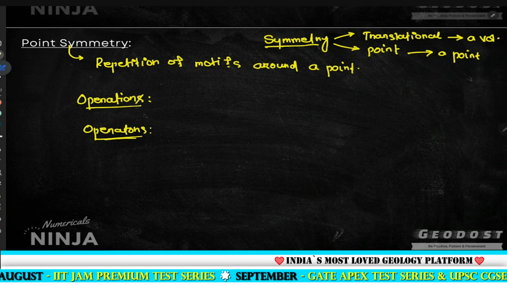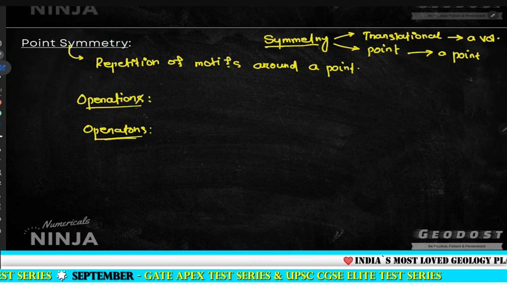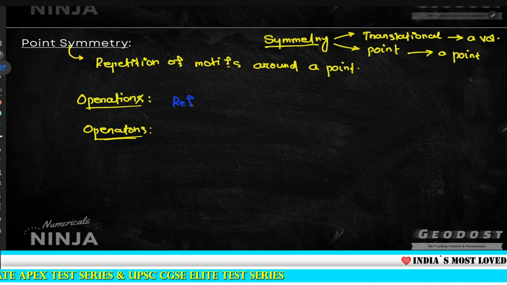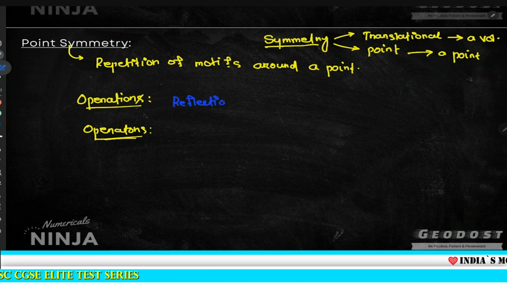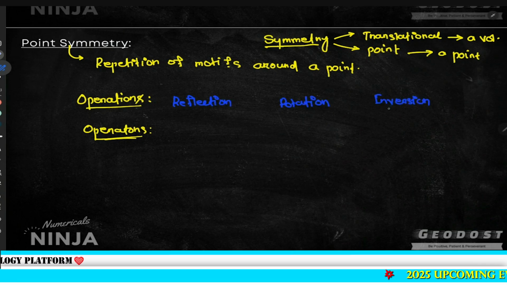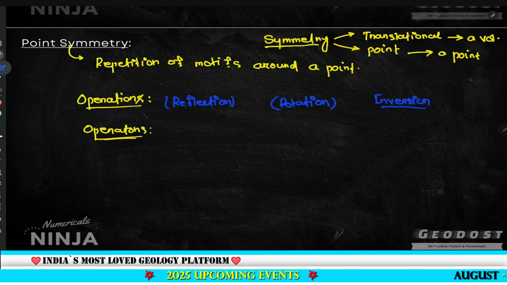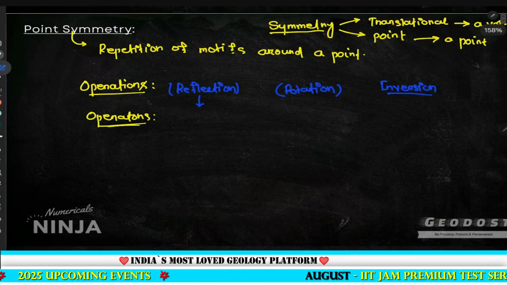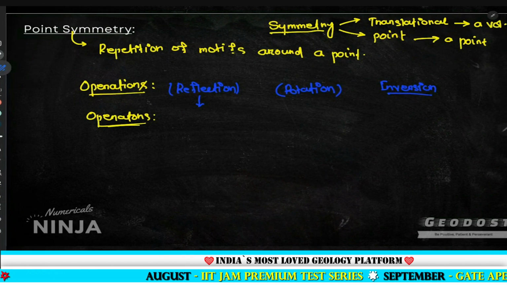In operations, first will come reflection, then rotation, then inversion. These three things you already know from your previous studies, but let me revise them before starting point symmetry. So, reflection, rotation, inversion. In case of reflection, what is the operator?